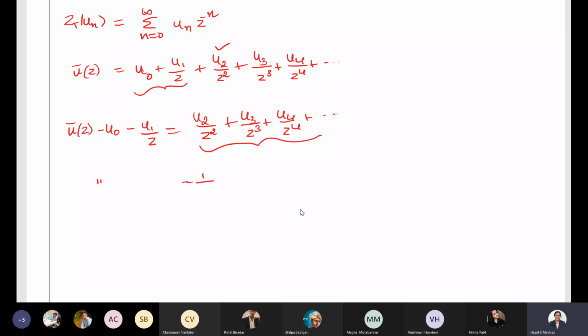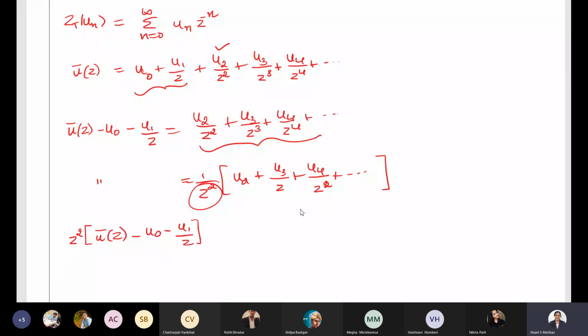If you take 1 by z square outside, what remains? u2 plus u3 by z plus u power 4 by z square plus etc. remains. Now take this z square to the other side. What do we get? It will be z square into u bar of z minus u naught minus u1 by z, that is equal to u2 plus u3 by z plus u4 by z square plus etc.